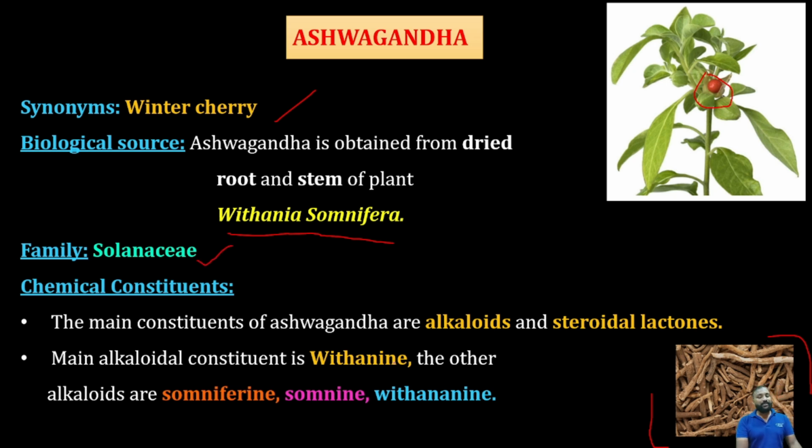The main chemical constituents are withanin, somniferin, somnine, and withananine. That's the reason we should remember the source properly. You can then identify and remember the constituents: from Withania we get withanin and withananine, and from somnifera we get somniferin and somnine. These are all steroidal alkaloids or steroidal lactone alkaloids.